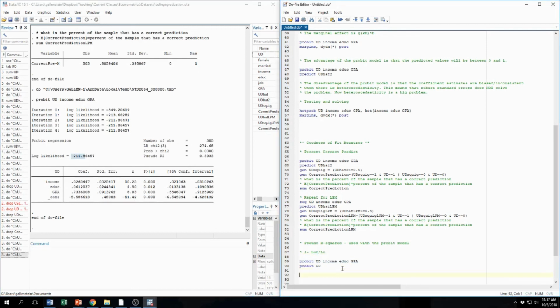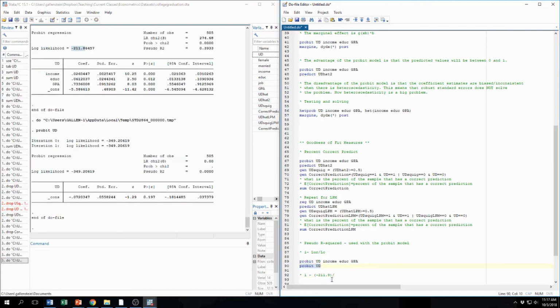All right, so we can start plugging this in. 1 minus negative 211.9, divided by, and then we'll do the Probit with only the intercept term, negative 349.2. All right, now let's calculate this.